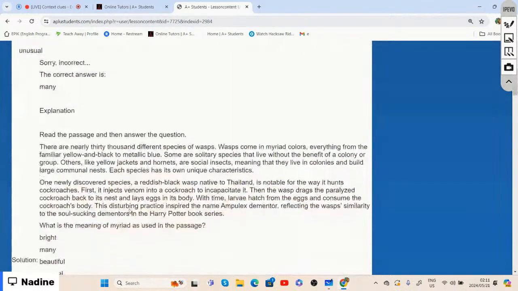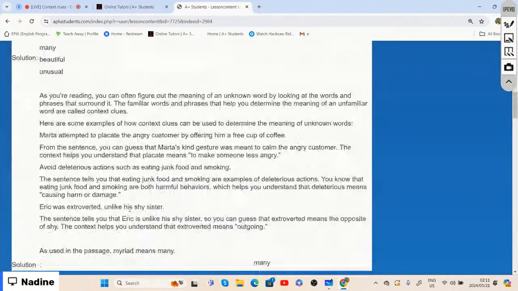When it comes to trying to find out the meaning of a specific word, because remember we're talking about context clues, it says, as you're reading, you can often figure out the meaning of an unknown word by just looking at the words and phrases that surround it. Sometimes meanings of words can also be words that look similar or the different context that it is within.